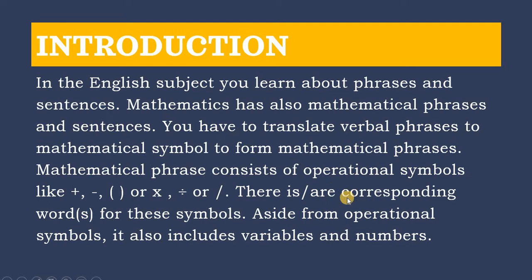There is or are corresponding word or words for these symbols. Aside from operational symbols, it also includes variables and numbers. Okay. So ngayon magtra-translate tayo ng mga operational symbols to mathematical expressions and vice versa.